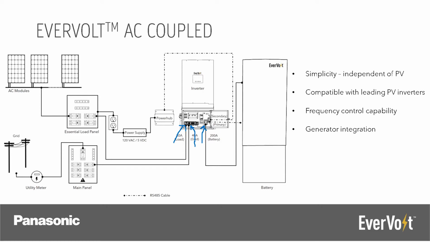So it is an additional accessory, one of the few that is available for Evervolt. But if a customer already has a backup generator or they need additional power, Evervolt can integrate with that generator. And here with the AC coupled system, you get a full Panasonic system when choosing our Panasonic ACM modules, along with an Evervolt energy storage system.